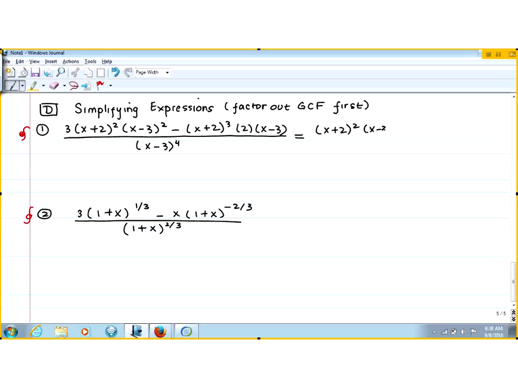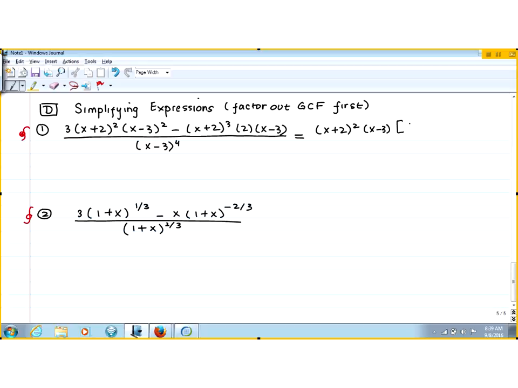That's right. (x minus 3), what is the exponent? Just 1. So we always factor out the expression with the smallest exponent. Look at these: this is (x plus 2) squared and this is (x plus 2) cubed, so we choose (x plus 2) squared. And then we have (x minus 3) squared here and (x minus 3). Which one is smaller? (x minus 3). That's why we only factor out the expression with the smaller exponent.